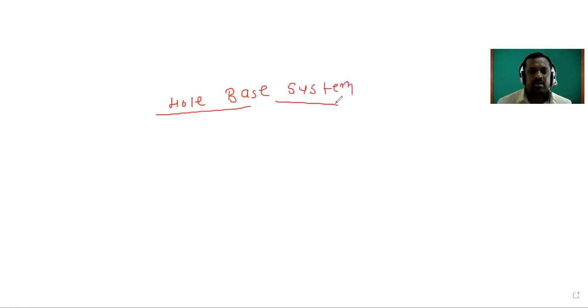How to represent the hole basis system graphically? Okay, I will try here. Suppose this will be the 0 line.